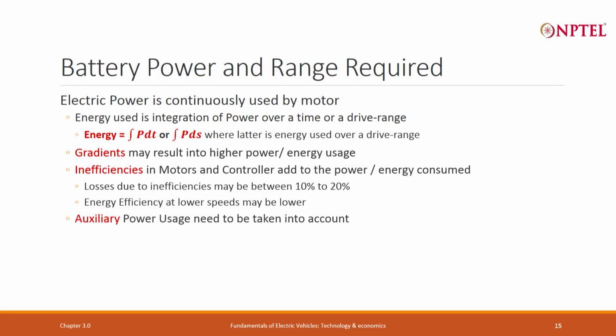There is one more thing that we have to worry about, particularly when I talk about battery energy and the range that it will provide. There is also auxiliary power used. Lights are turned on, turned off, some electronics may be turned on, and air conditioners can be turned on, that is a major auxiliary power.